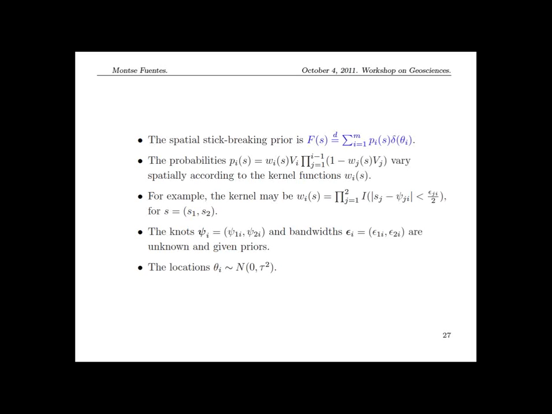So it's going to induce a very flexible type of spatial dependence that can be non-stationary and non-Gaussian. These probabilities, again, are the expression you have seen before with the kernel. A simple kernel that we are using here is this uniform kernel, with certain nodes, and this will be the bandwidth. This is a simple uniform kernel that seems to perform very well in this setting.